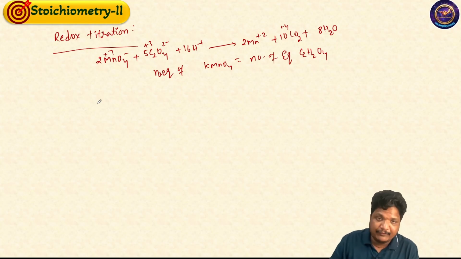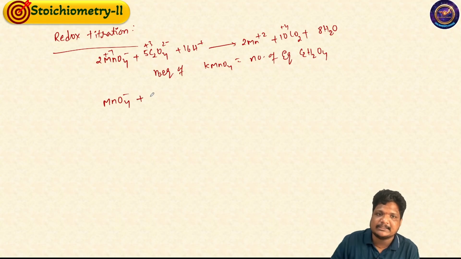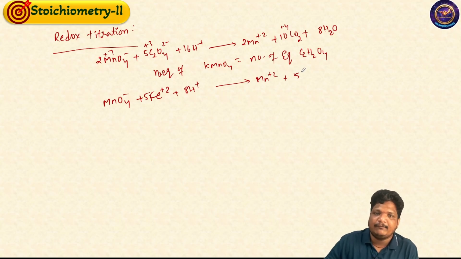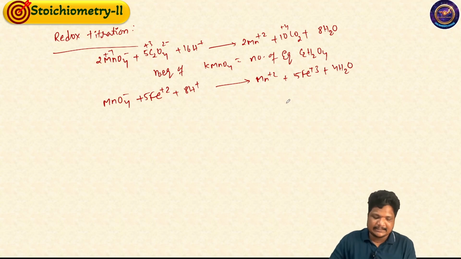Now if you observe potassium permanganate versus Mohr salt. In Mohr salt we have iron in +2 oxidation state. So MnO4 minus plus 8H plus gives rise to Mn plus 2 plus 5Fe plus 3 plus 4H2O. This is the titration reaction we can observe.